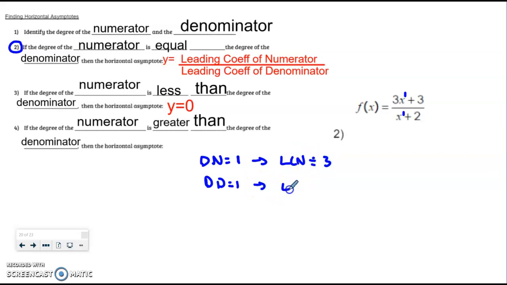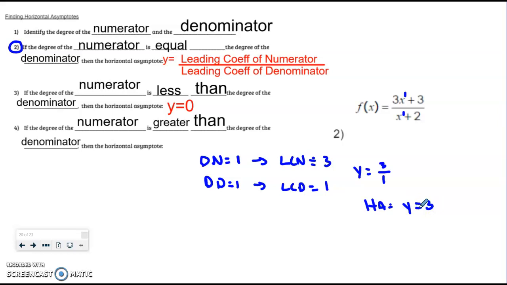And then the leading coefficient of my denominator is 1. So, what is my horizontal asymptote going to be? It's going to be the leading coefficient of the numerator, which is 3, divided by 1. So, in this case, my horizontal asymptote is going to be y equals 3.